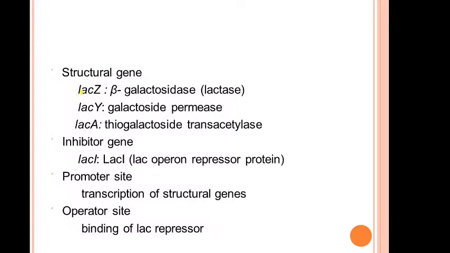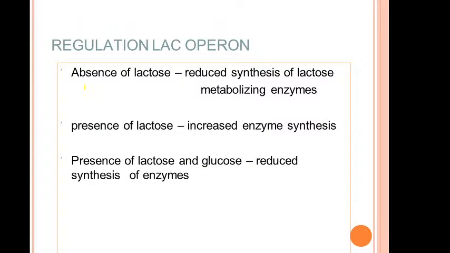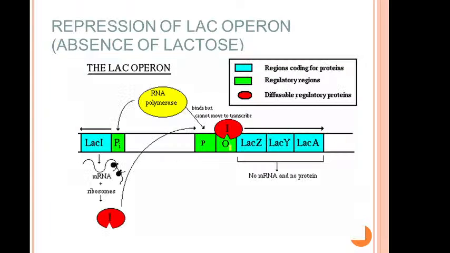So lac Z gives us beta galactosidase, lac Y permease, lac A transacetylase. When the inhibitor binds with the operator, the promoter will not be able to transcribe the gene. So in the absence of lactose, we will not be able to start the reaction. In the presence of lactose, we will be able to increase enzymatic synthesis, or start the reaction.